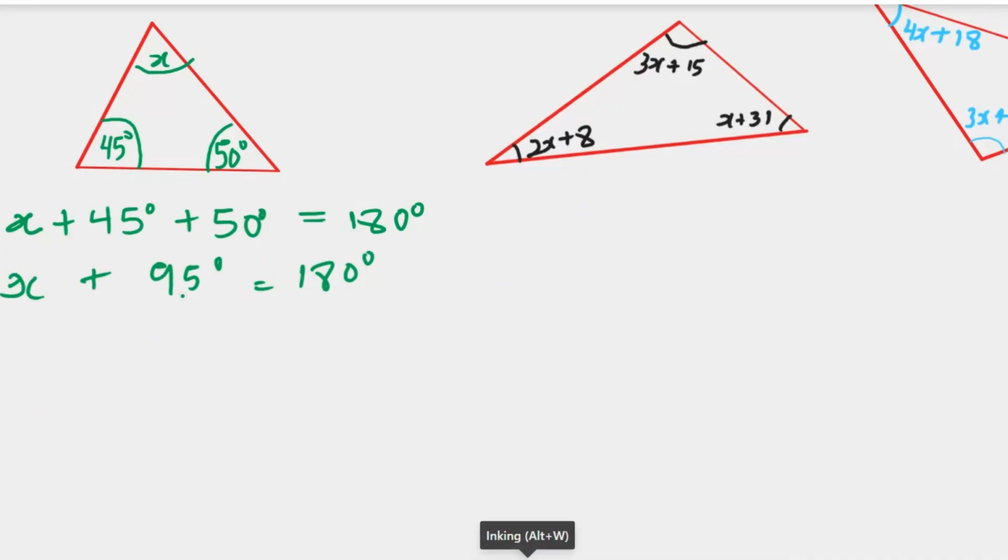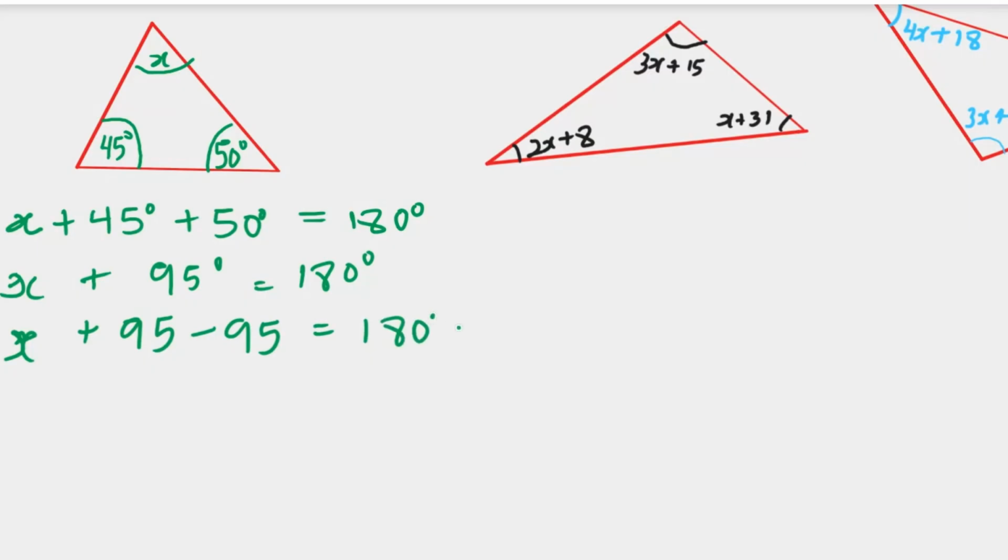So we're going to subtract 95 from both sides so that we can find the value of x. So that's going to be x plus 95 minus 95 equal to 180 degrees minus 95 degrees.